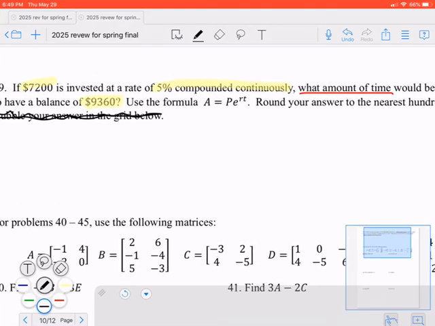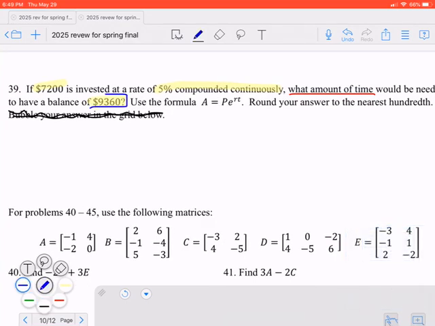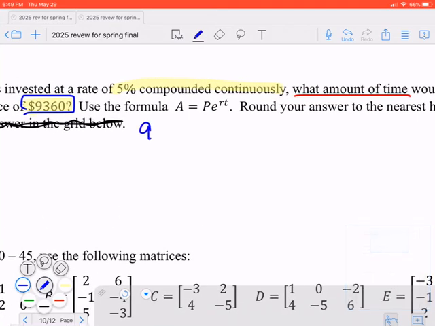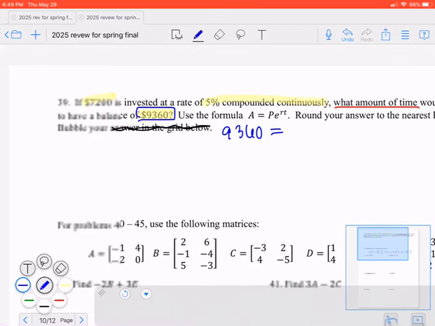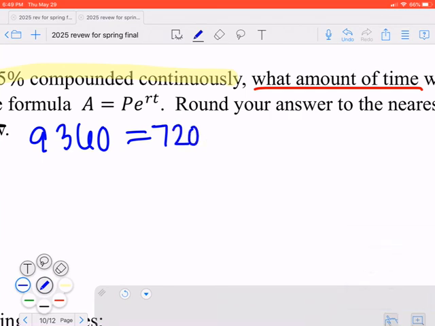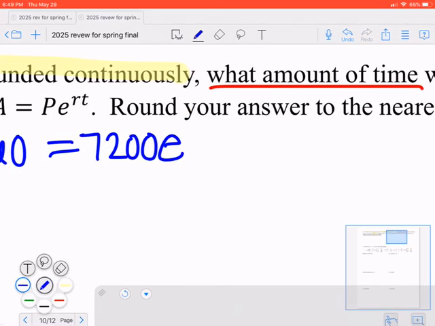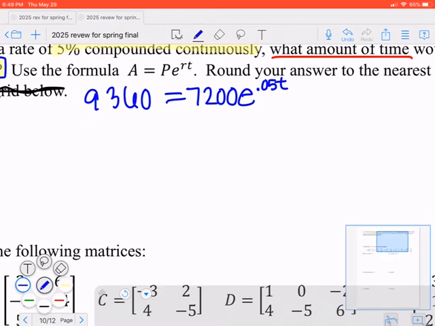Okay, so this is the amount that you end up with. So that's the A. 9,360 is equal to, P is the amount you're investing, 7,200, times e to the r times t. r is 0.05. t is what we're solving for.